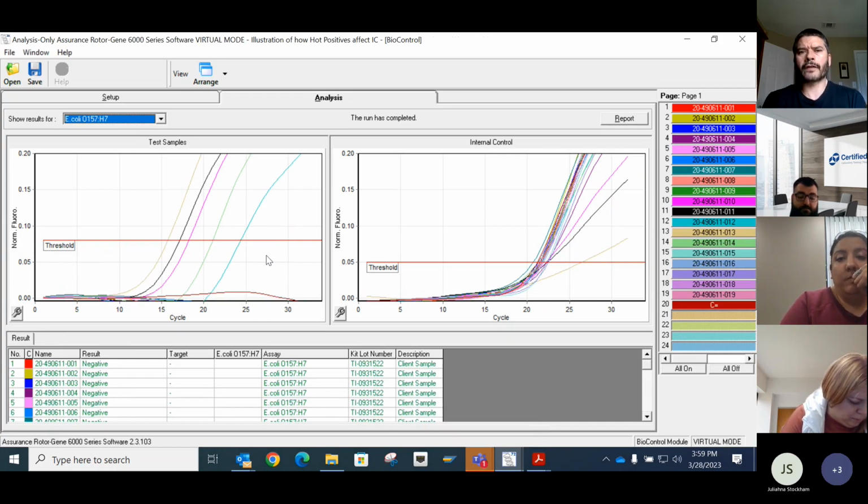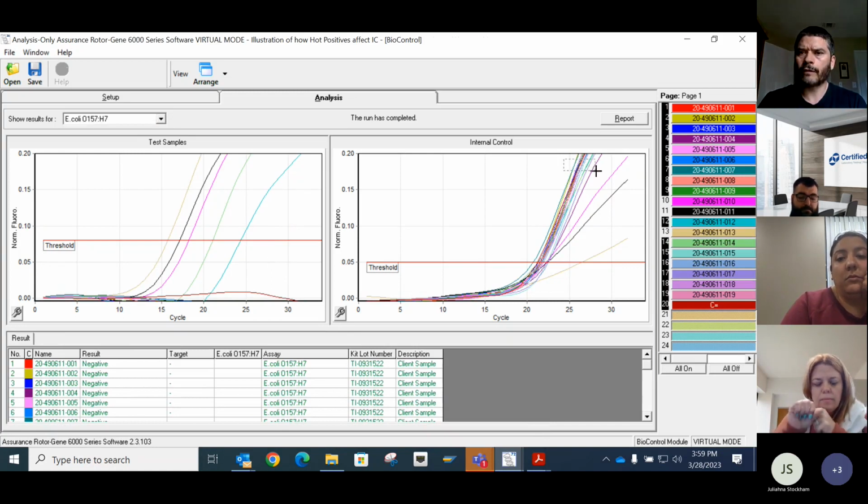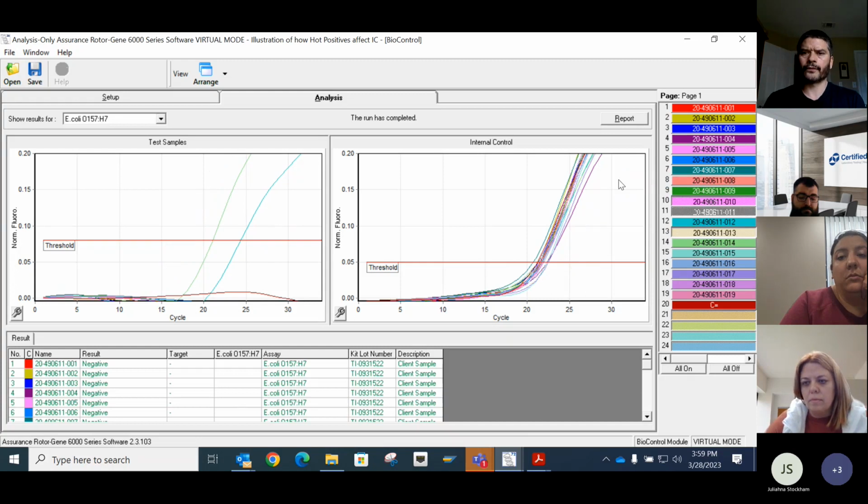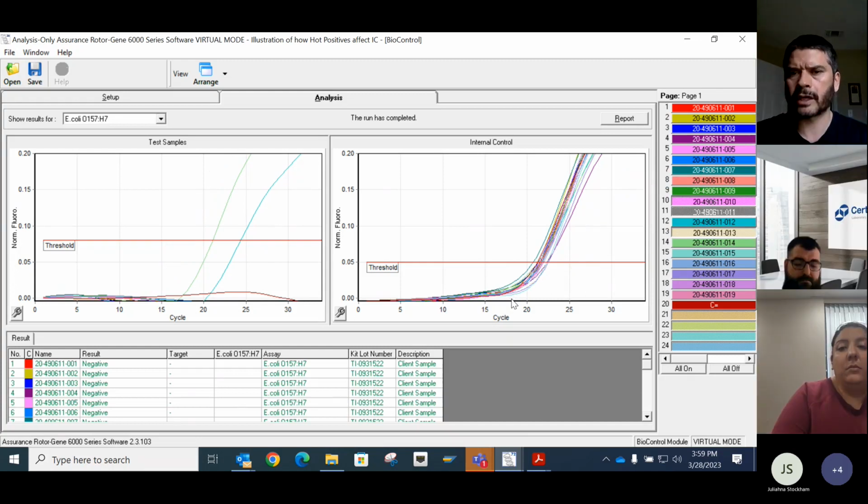So the reason I brought this up is if we talk about moving on to internal controls. Internal controls, if you notice in your runs, by design start amplifying around 18 to 20 cycles.